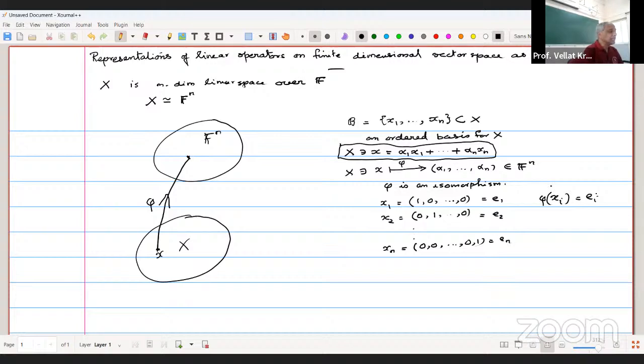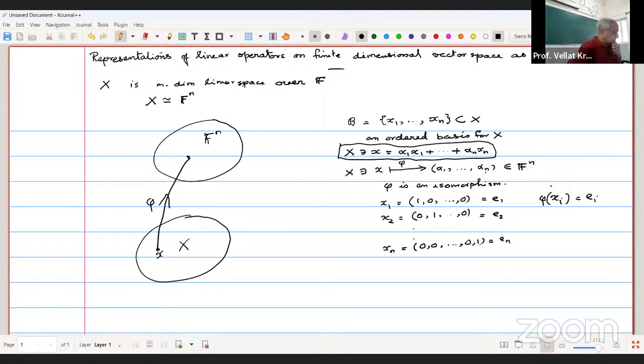So you can easily now identify the image of an arbitrary element x belonging to X. So x is identified with the n-tuple alpha 1, alpha 2, alpha n. And it's easy to verify that phi is a linear map. Not only that, phi is one to one and phi is onto. So let me leave it at that.